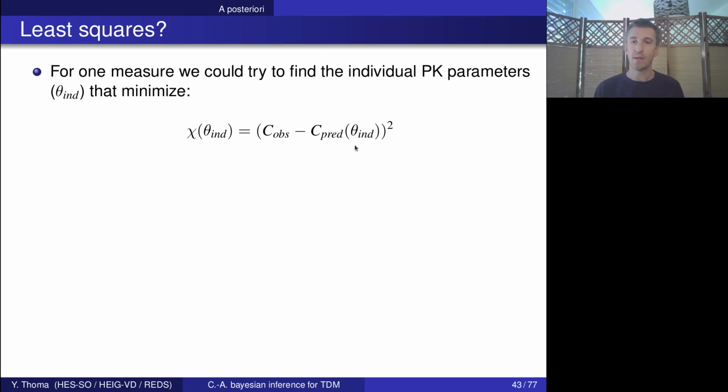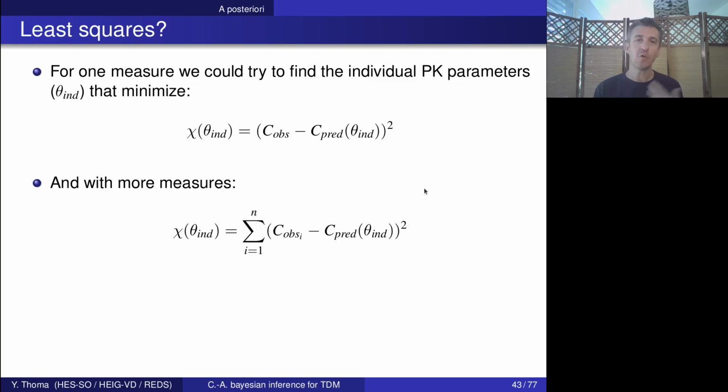So basically, the idea is to try parameters that would end up with a prediction being as close as possible to the observed concentration. If we have more than one measure, then the idea would be just to sum up all these squares right here.